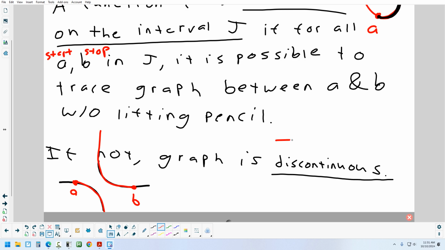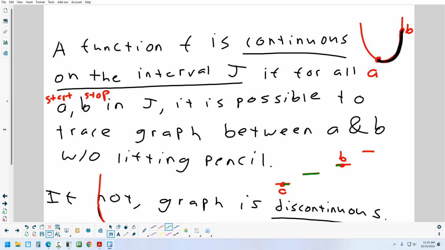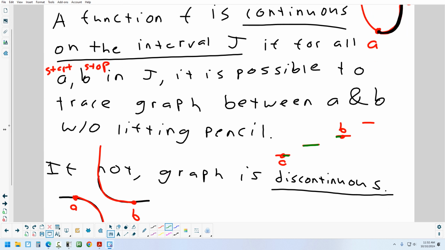Same thing with the steps. That's A and that's B. I cannot trace from A to B without lifting my pencil and putting it back down. That is another example of discontinuous. So any question on what it means to be continuous versus discontinuous?